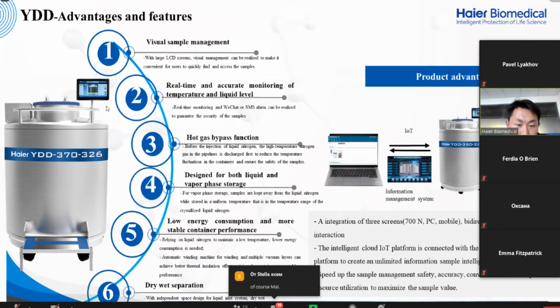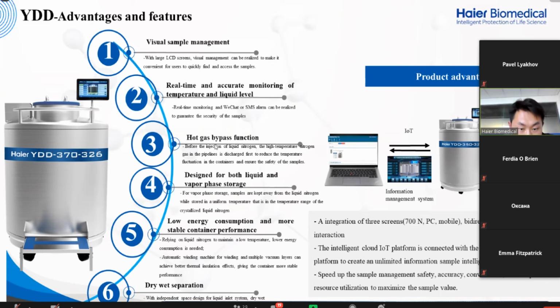This system can link to your WeChat or SMS alarm. It can link to your laptop or your cell phone, because they have an IoT model. If you want to open that, then you can get the real-time monitoring function.